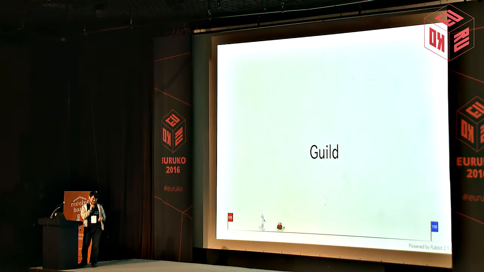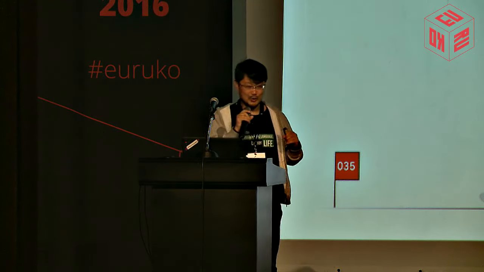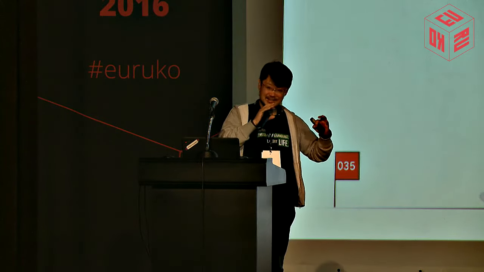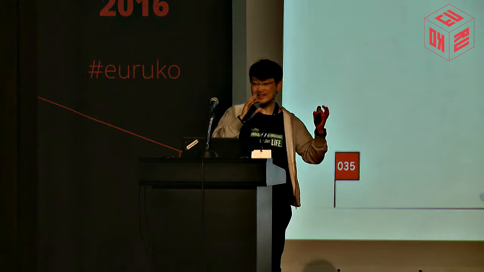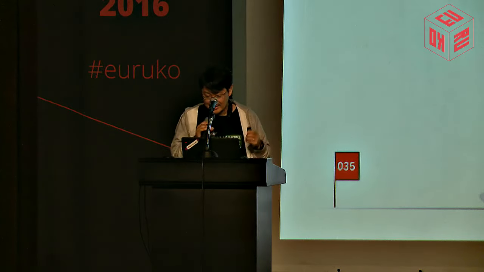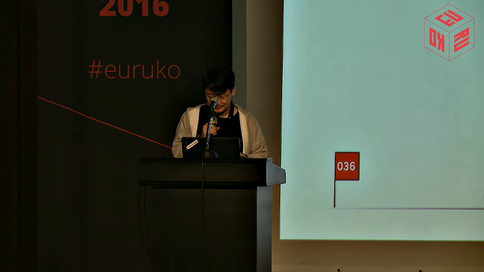A guild is an organization of craftsmanship or something like that, or in role-playing games, the congregation of adventurers. In this guild model, each object is a member of a guild.